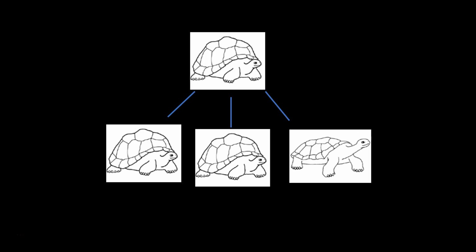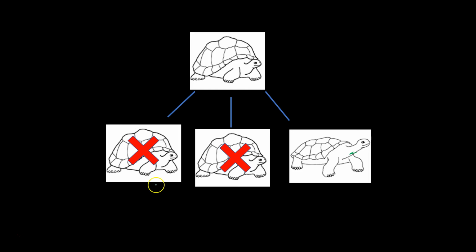In this case, we have a tortoise with a slightly longer neck than the rest of them. And keep in mind, this may be the island where vegetation is elevated. Okay? But now, the tortoise with the slightly longer neck is going to reproduce more. It's going to survive better, reproduce more, and have a higher frequency of tortoises with longer necks.